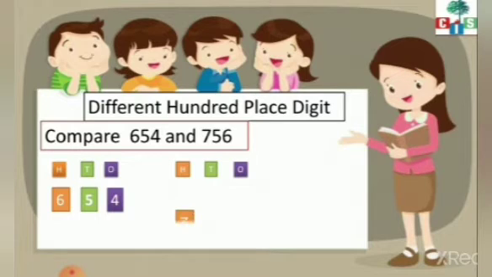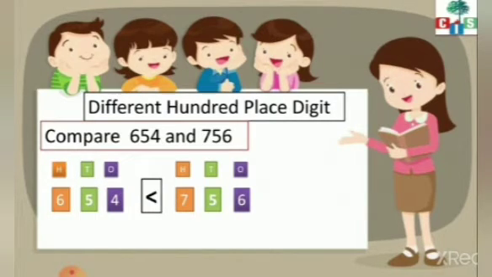So I will write 7 under hundreds column, 5 under tens column, and 6 under ones column. Now look at the hundreds place. In 654, 6 is there in hundreds place, and here 7 is there in hundreds place. So which number is greater, 600 or 700? Yes, 700 is greater. So 756 is a bigger number than 654.